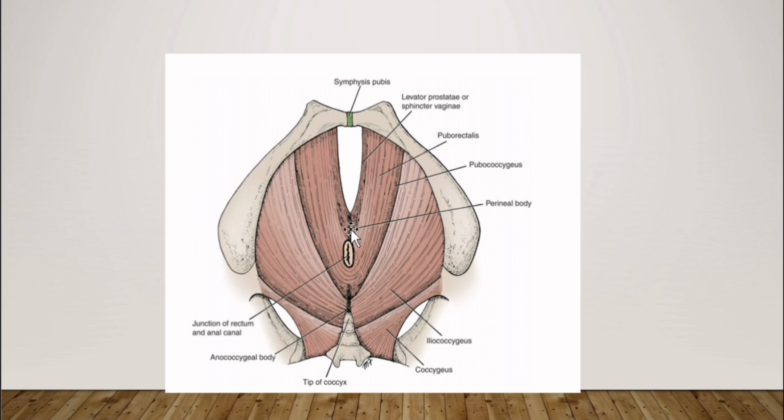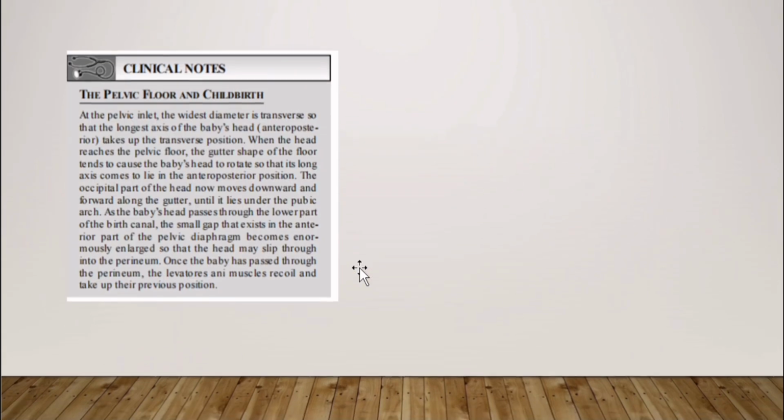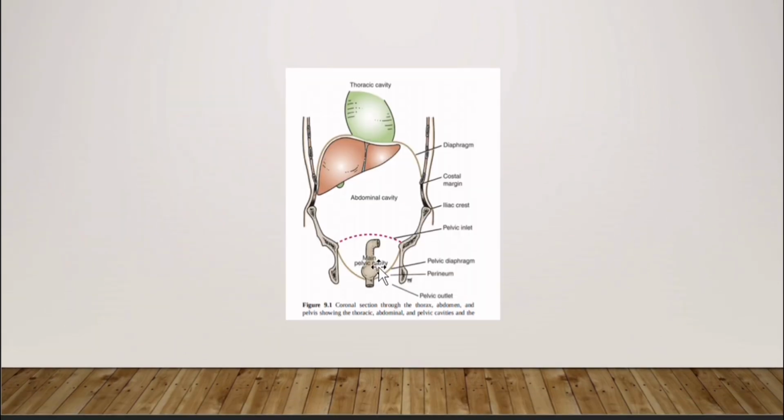Here they unite to form the perineal body, right? So this pelvic diaphragm is important because it separates the main pelvic cavity from the what? From the perineum. Okay. Separates the main pelvic cavity from the what? From the perineum. Right?